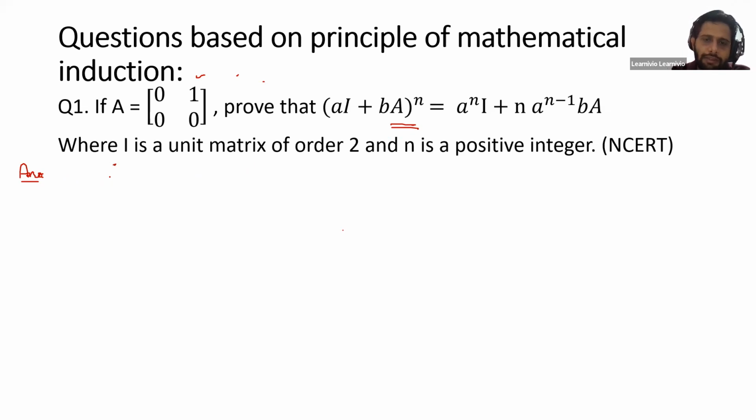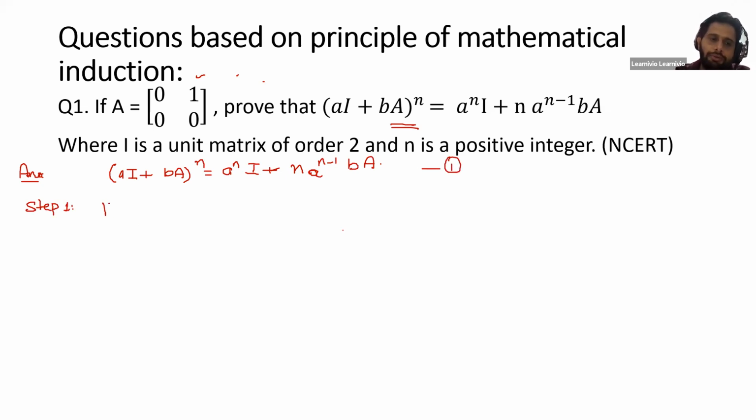First of all, we have this expression: (AI + BA)^n = A^n I + n A^(n-1) BA. Step 1: let this be 1.